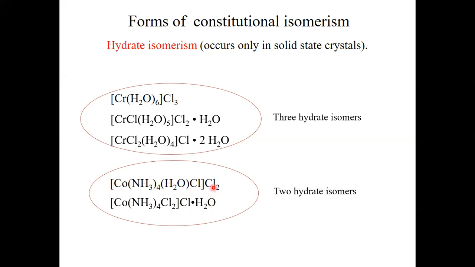And like previously, we move one chloride anion from the second coordination sphere to the first coordination sphere. In this case, we have two hydrate isomers.